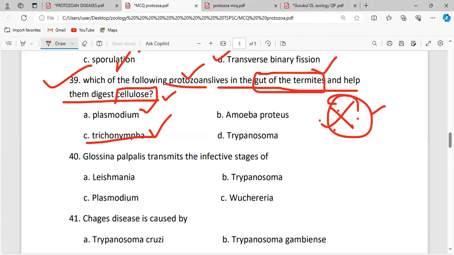Trichonympha is the correct answer. These are all unique features, so you have to know these types of protozoans also.